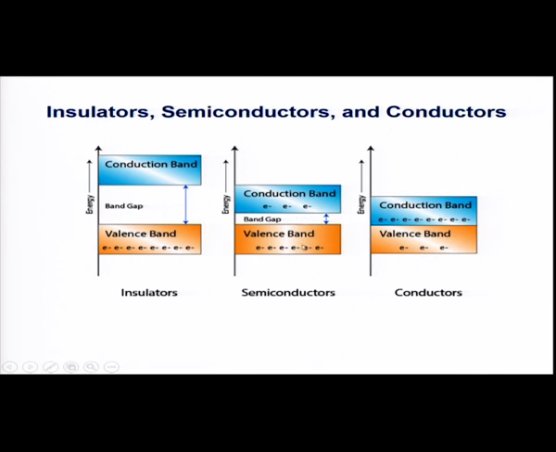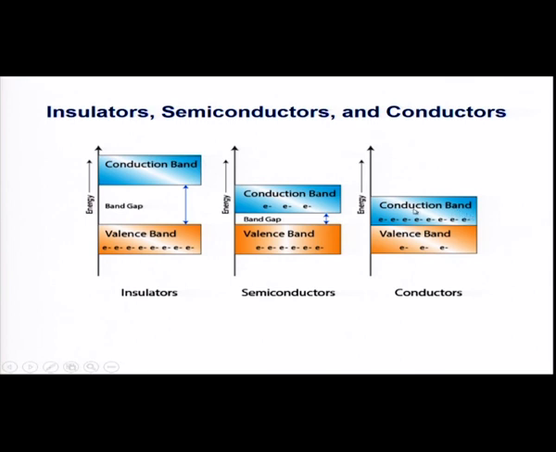Similarly for conductors, the valency band and conduction band overlap with each other, where in the valency band there are a handful of electrons, and in the conduction band there are a number of electrons.